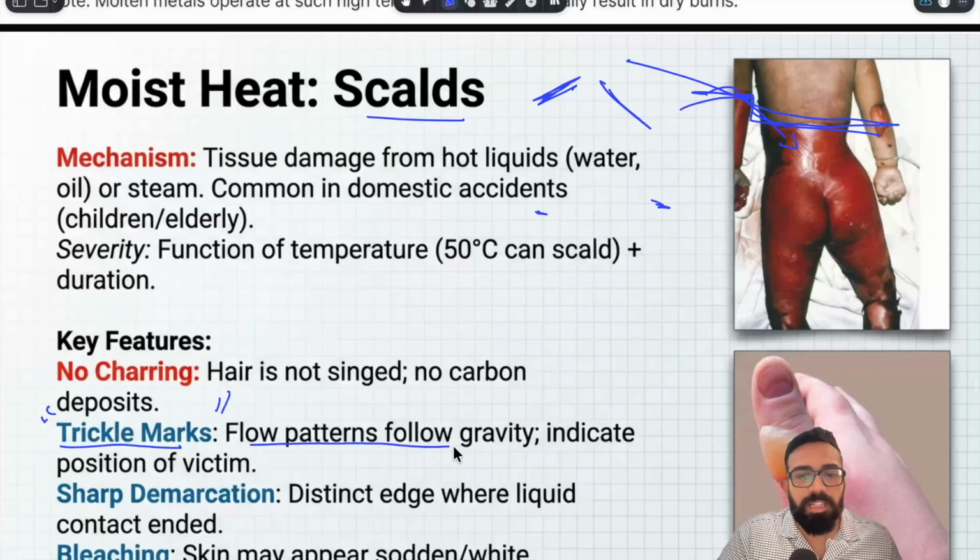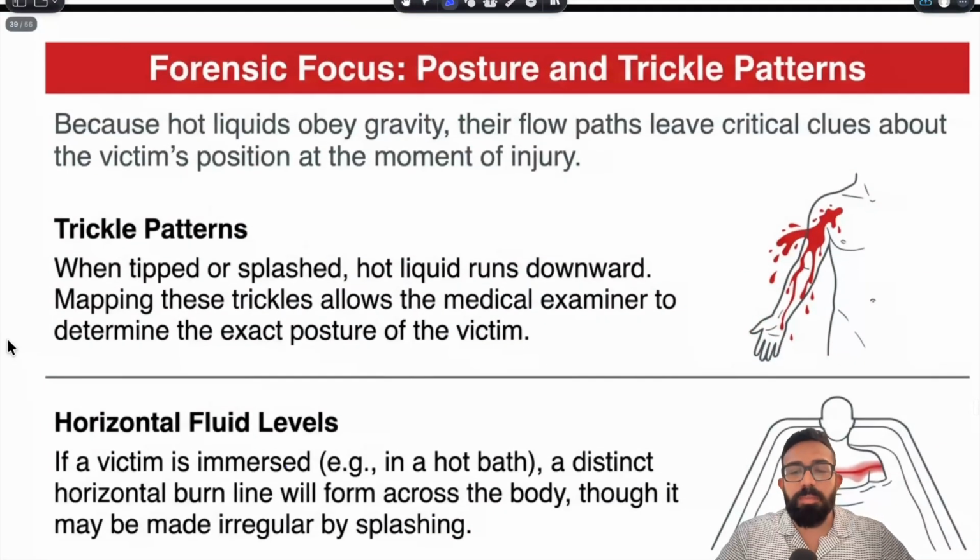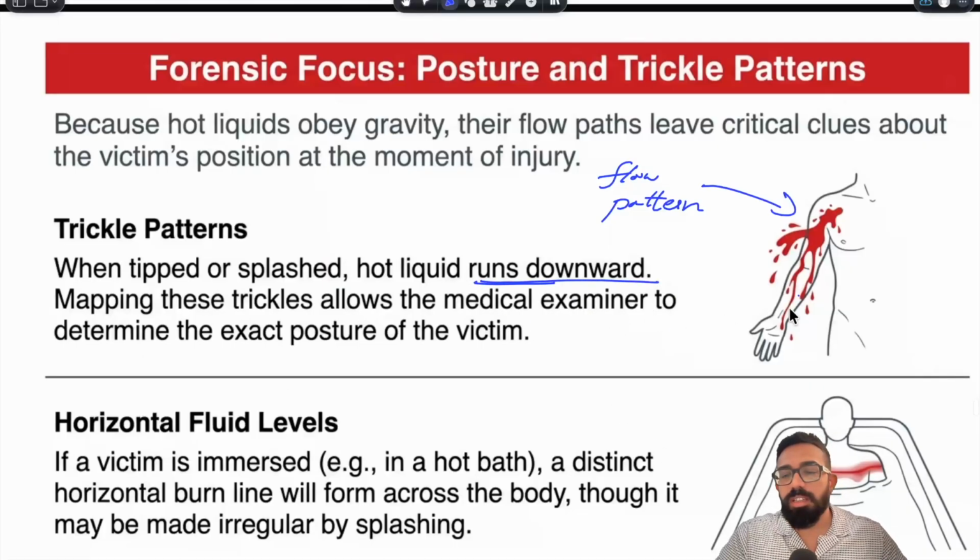These are flow patterns that follow gravity, and they help indicate the position of the victim. Remember, these are trickle marks. This is how the hot water flows, the flow pattern. And this always follows gravity, it always runs down. There are no trickle marks like this going upward.